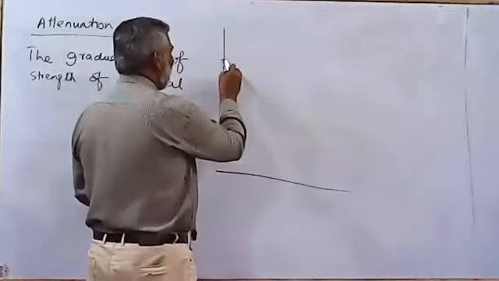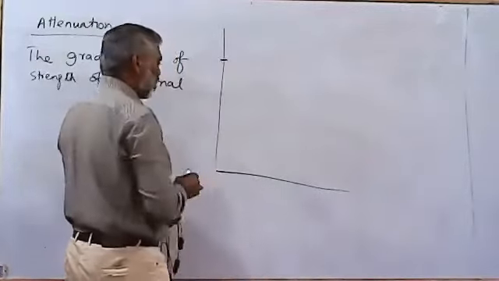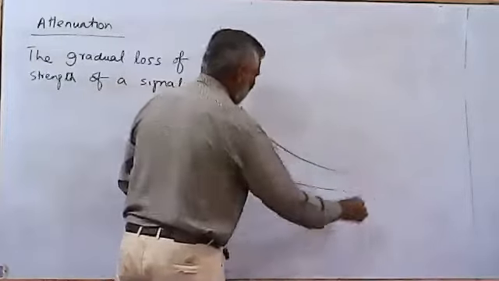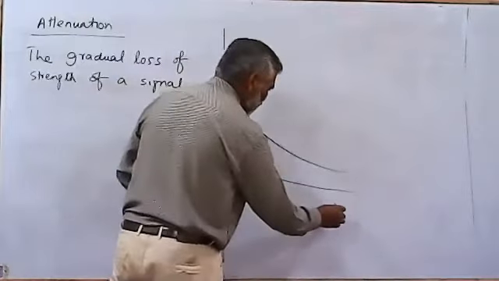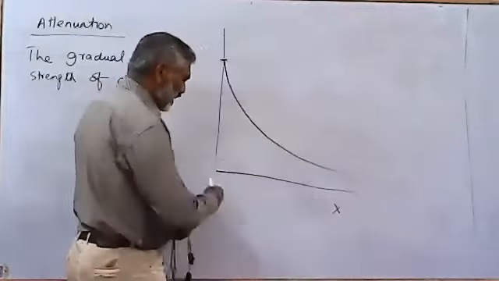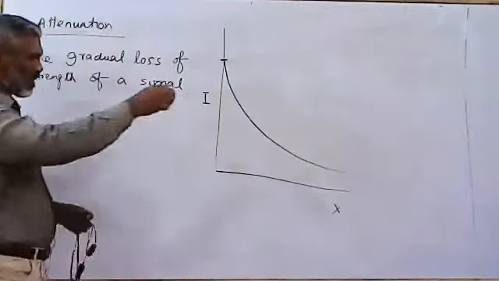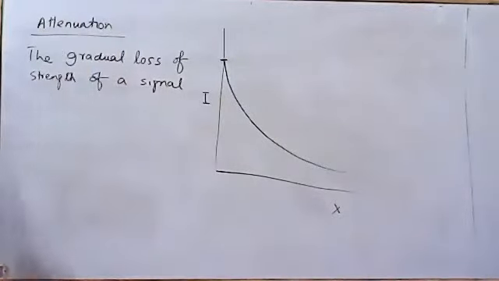Let's say it has a certain value in the beginning, and after covering a certain length, it reduces in this manner. So with the distance, its intensity is plotted, and this is how it varies.